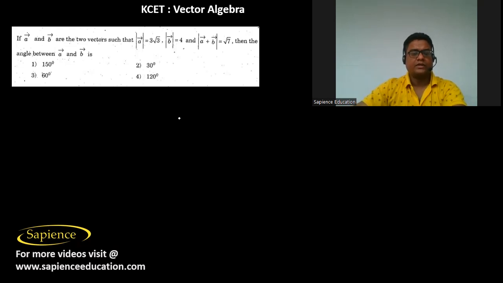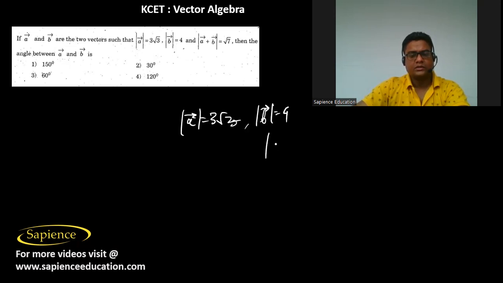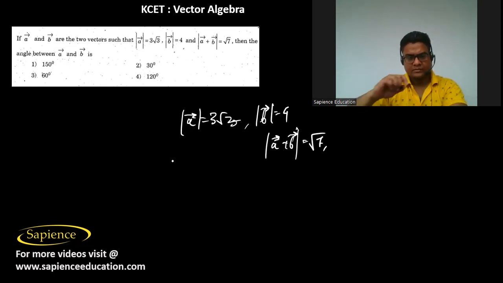Then here it is told, if a and b are two vectors such that magnitude of a is 3 root 3, magnitude of b is 4, and magnitude of a plus b is root 7, then the angle in between a and b is... So we have to find the angle in between vectors a and b.